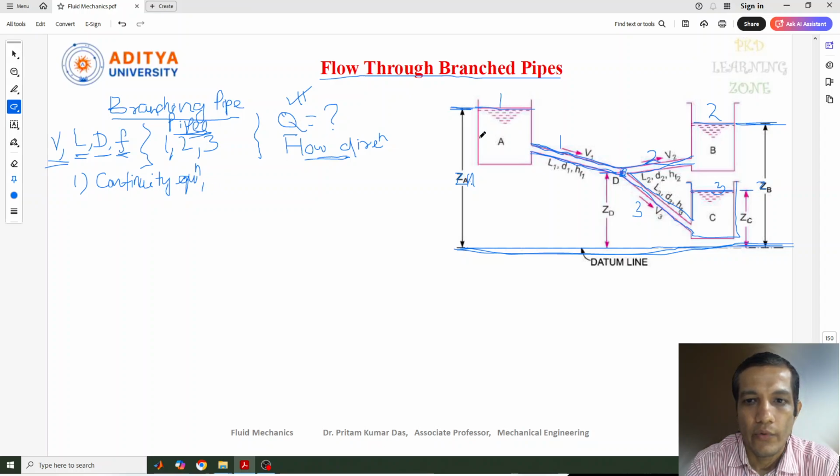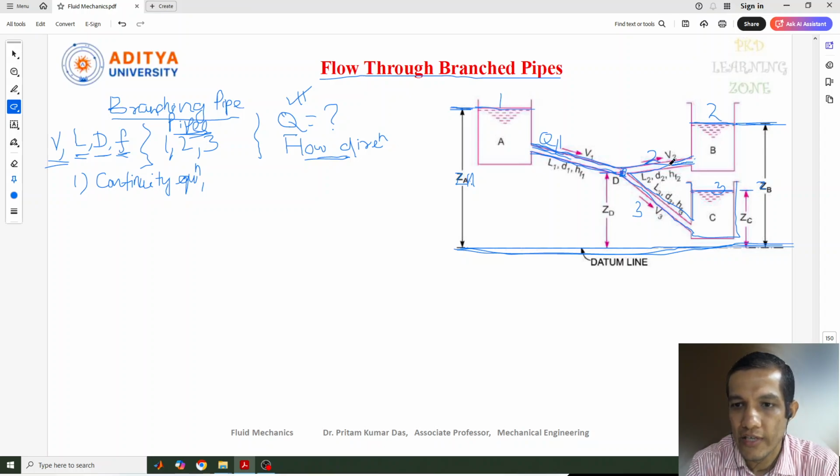So here, what is the fluid flowing through this? Suppose from here V1 is there. Let's suppose this is Q1. So the discharge which is coming out from here, and again, you can see this reservoir is also situated a little bit high.